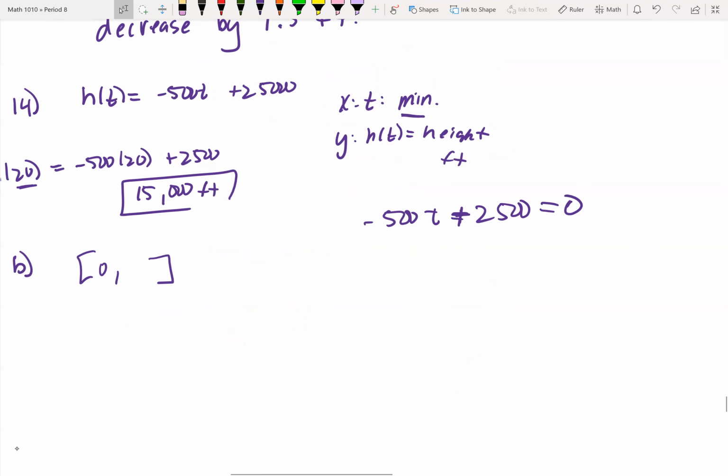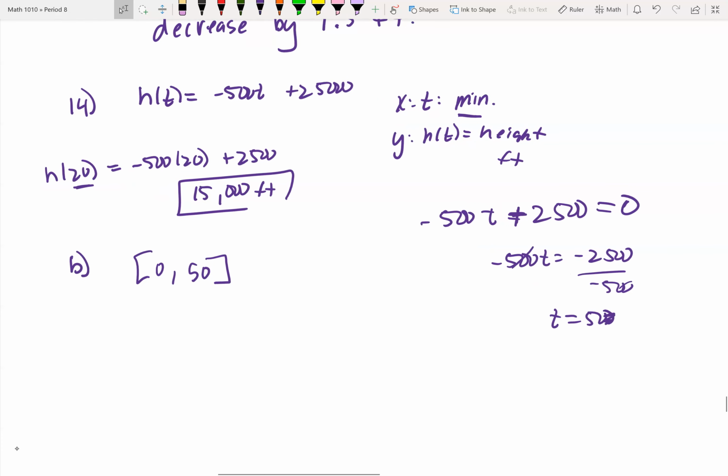That's when your height is a 0. So you have negative 500t equals negative 2500. Divide by negative 500 and you get t equals 50, sorry, t equals 50. So anywhere from 0 to 50 minutes.